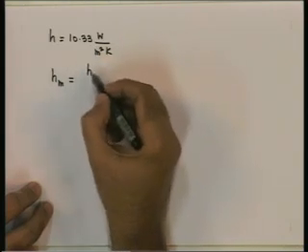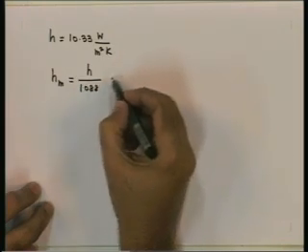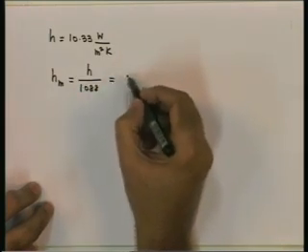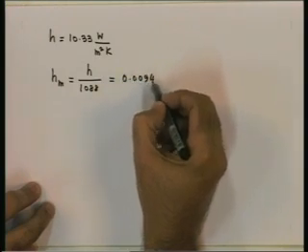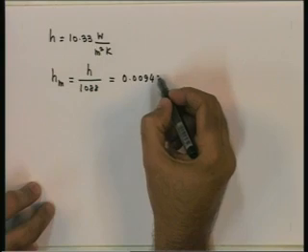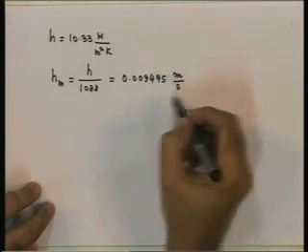So, Hm will be H divided by 1088 in the appropriate units, and that turns out to be 0.009495 meters per second.